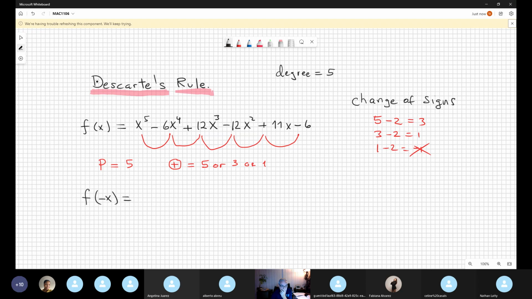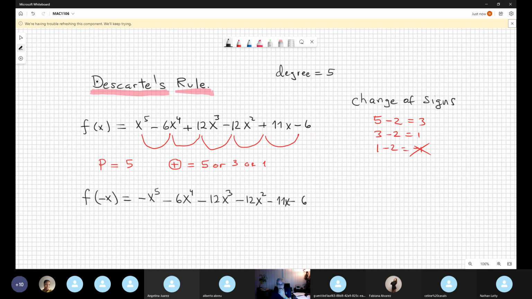However, the odd exponents change. Actually, this is minus x to the fifth power minus 6x to the fourth power minus 12x cubed minus 12x squared minus 11x minus 6. Everything is negative. Wow.